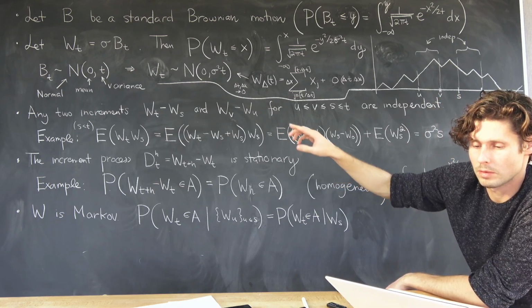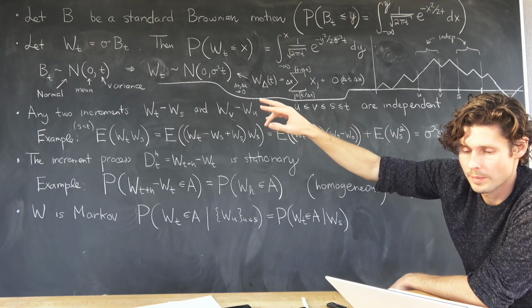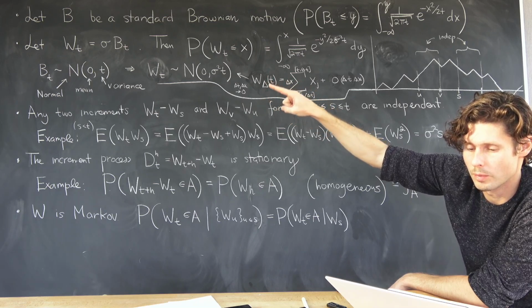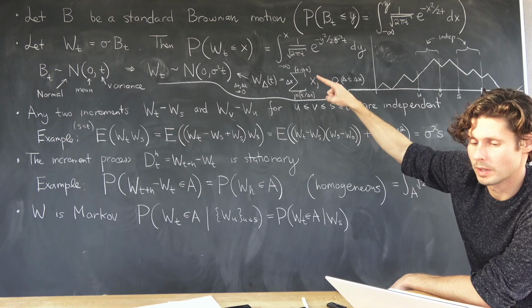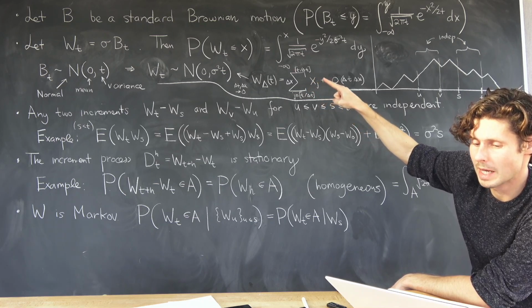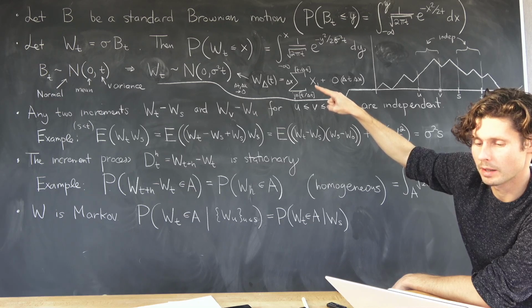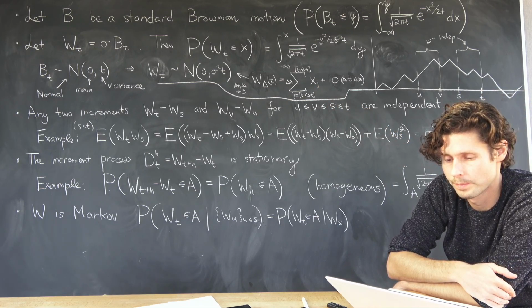Well, the answer really comes from how we designed our W to begin with. W was the limit of this scaled interpolated random walk, W delta. W delta was a sum of a bunch of independent increments of its own, these X_j's. These were IID random variables that took values in the set plus or minus 1.